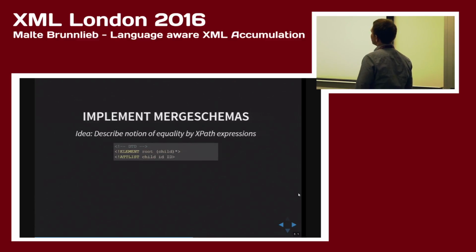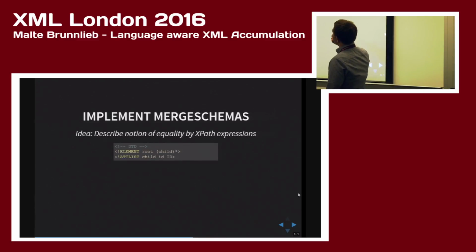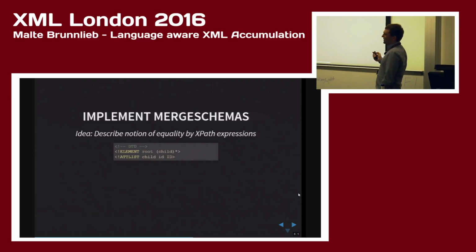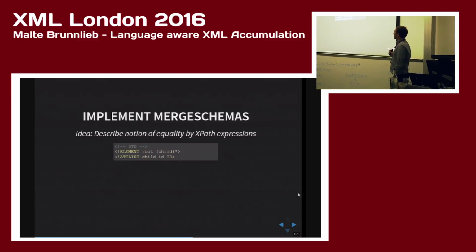And let's have a small example. So the idea is to have the notion of equality also expressed by XPath expressions, which is mainly similar to what Tufte and Meyer did.